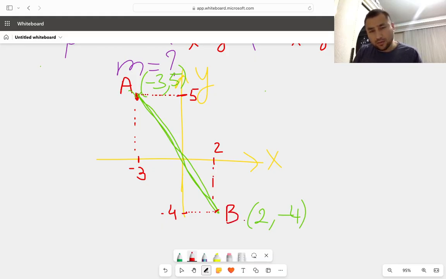Okay, the slope. When the slope is like this, you get plus. But when the line is something like this, you get minus.